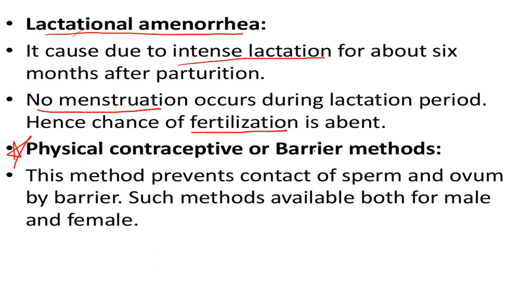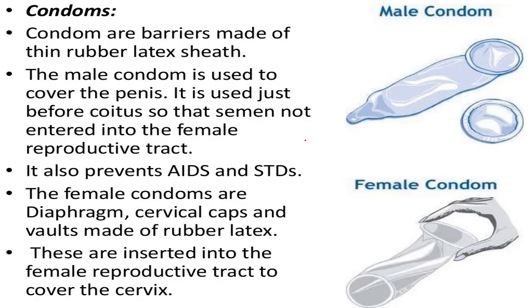Now we talk about barrier methods, the second method. Most of you are aware of this method. It is basically the use of condoms. So you have male condoms as well as female condoms. Both the condoms are made up of latex sheet, and males have to wear them on their penis to avoid the distribution of semen into the female body.